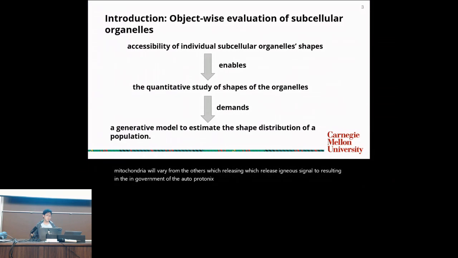And such study will demand an efficient generative model to estimate the shape distribution of the organelle population. And here's why we want to propose and design such a model.